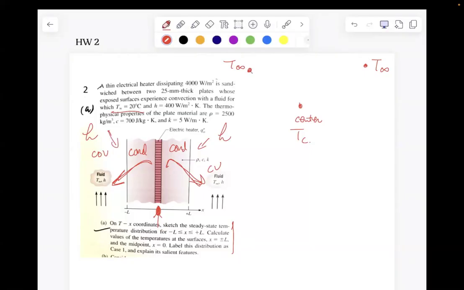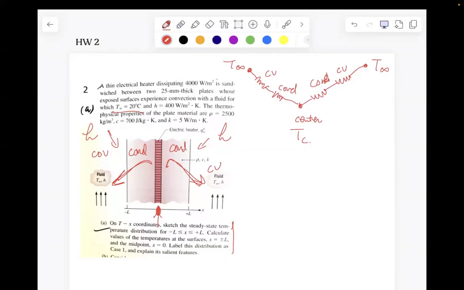Here for the left path, you would have a conduction and then a convection. And for the right path, you will also have conduction and then convection.